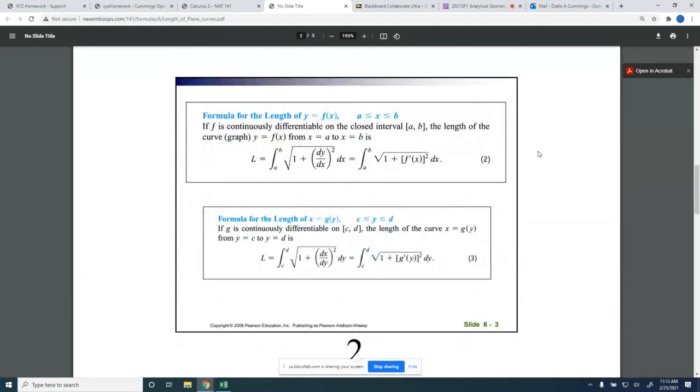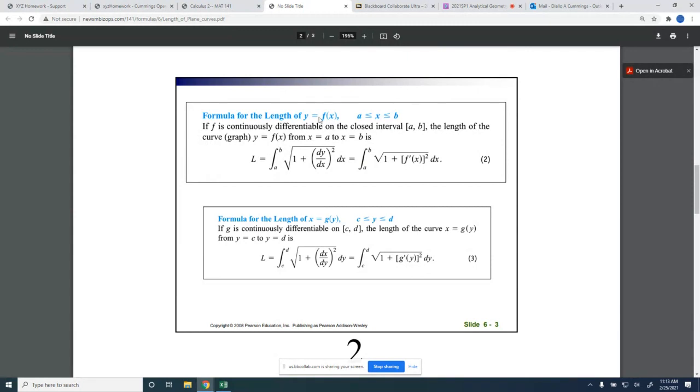All right, so here is the formula. Now, there are actually two formulas, but in this particular course, just looking at the homeworks, we're going to use this first formula. This first formula is the arc length formula, and you're given a function y is equal to f of x.